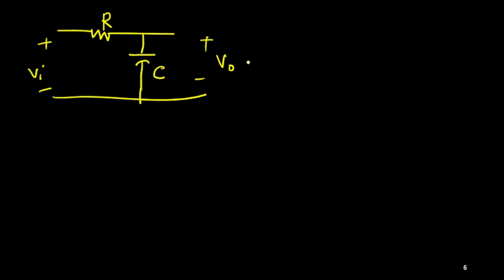If we go for the Laplace domain or exponential input, it is the same thing, but I'll be discussing that in other classes. For the time being, forget about this. If I want to get V0(s) upon Vi(s), this output by input, that is your H of s.